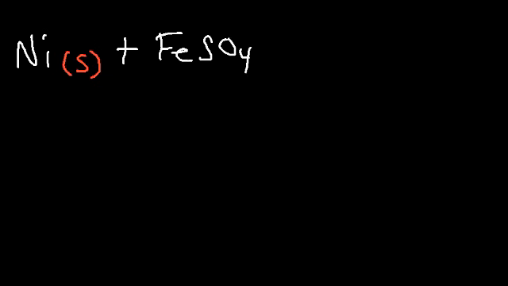Now, let's say if we have this reaction, nickel metal reacts with iron sulfate in a single replacement reaction. So the first thing you should do before you even write the products is determine if this will work. If you go to Google Images and look up the activity series, you'll see that iron is above nickel.